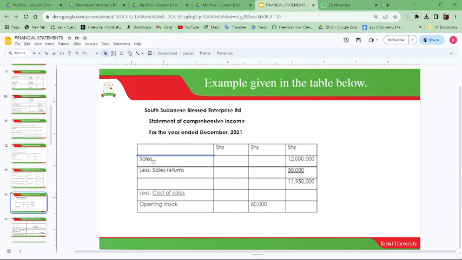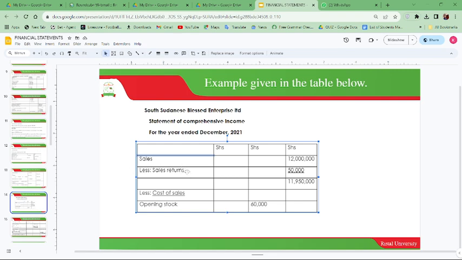You can either choose to write the sales here or in the final column. It doesn't have any effect as long as you put the right amount. When you have cancellation, you write it here, then you put the direct answer. So we have the sales, which is 12 million.